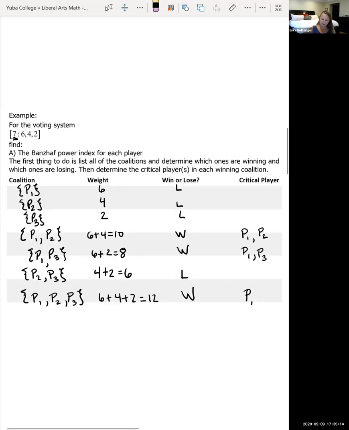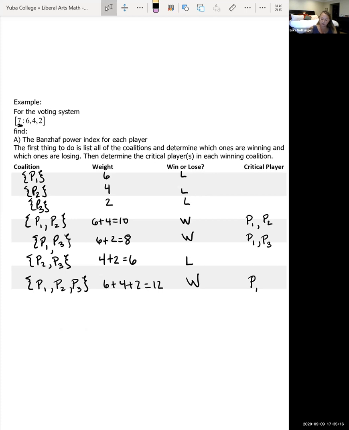Once we've determined who was a critical player, we looked at the Banzhaf power index. B sub 1: player 1 was a pivotal player 3 times. Player 2 was a critical player just once, and player 3 was also a critical player once.